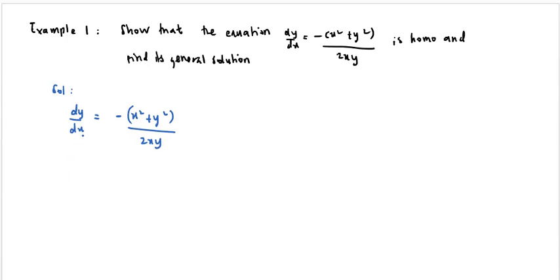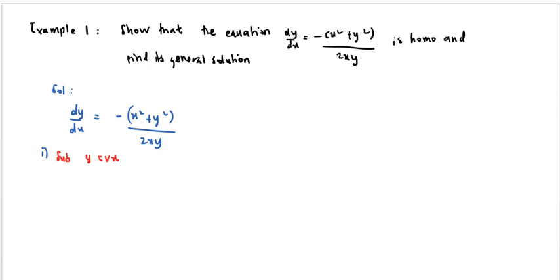Okay, so first step you need to replace. First kali kita buat apa? Replace, ataupun substitute y equal to vx. So variable y ni kita ganti dengan vx, semua yang ada y.